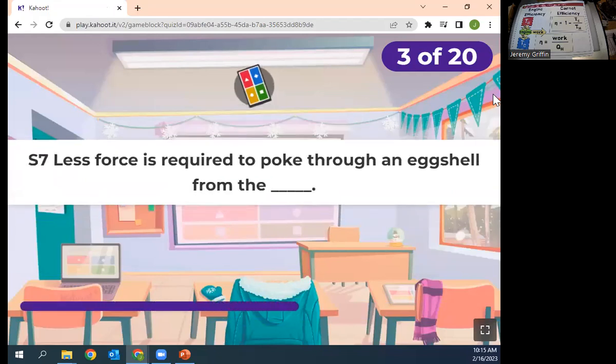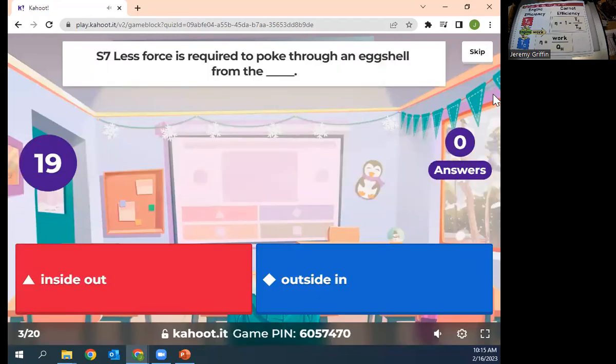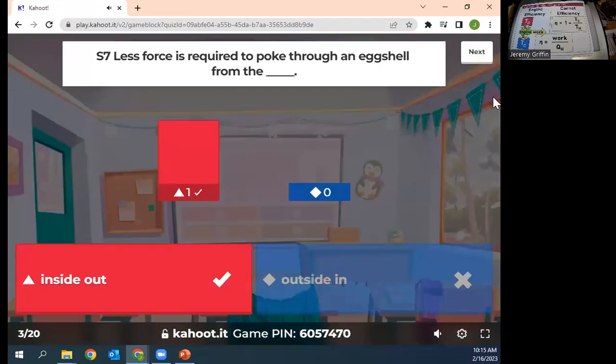Less force is required to poke through an eggshell from which side? Yeah, inside out. So I mean that's probably one reason, from a biological perspective, that eggs have evolved, right?